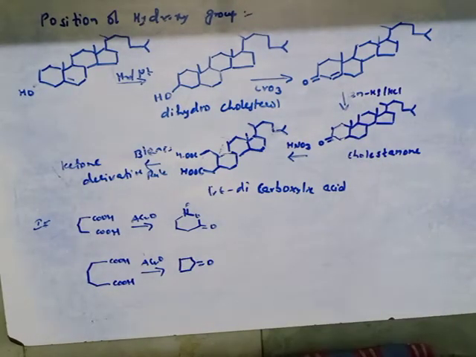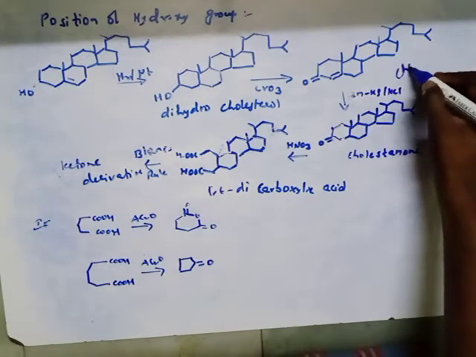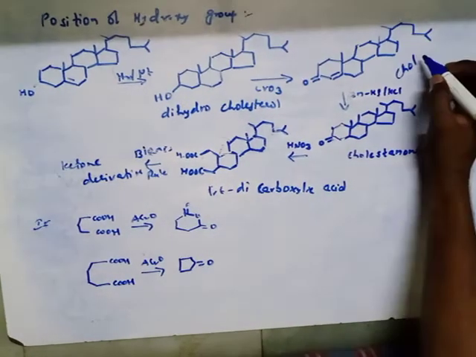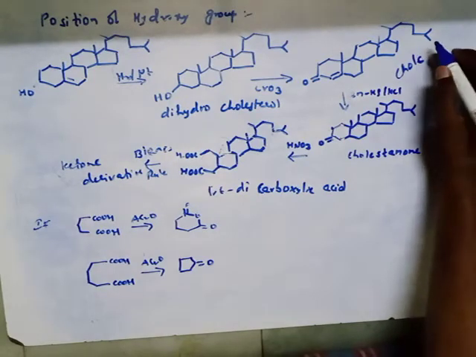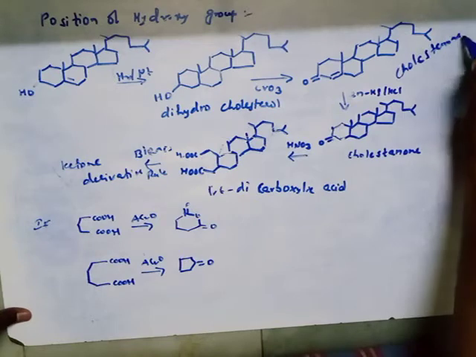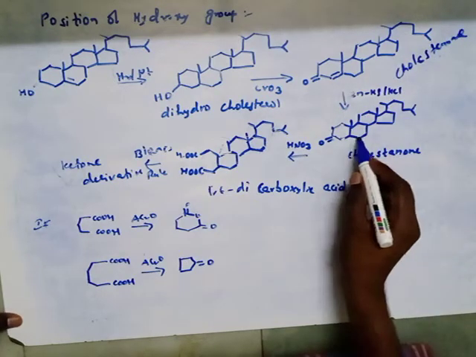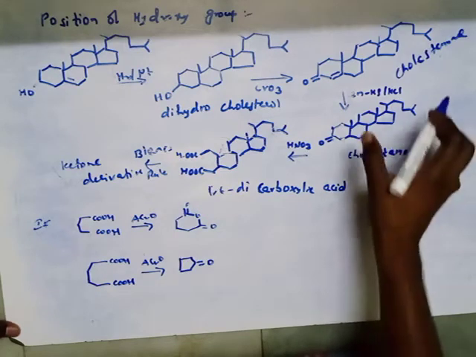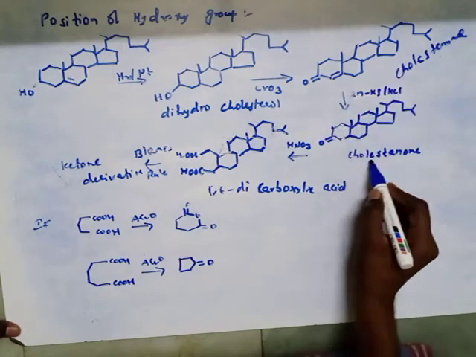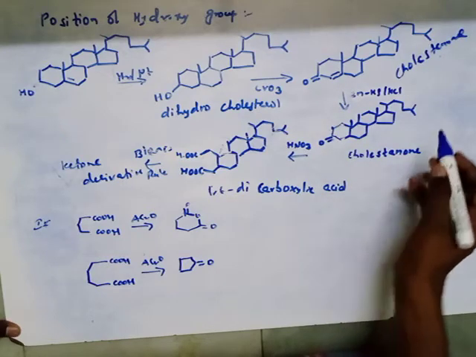Here a double bond is there, I will write it here. This has a double bond, that is cholesterol-derived. Here the double bond is absent. By doing the Clemmensen reduction, it will be converted into the product.